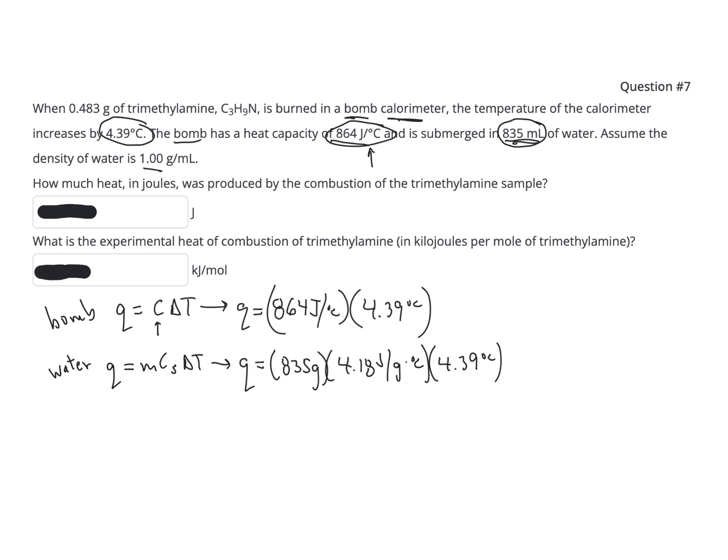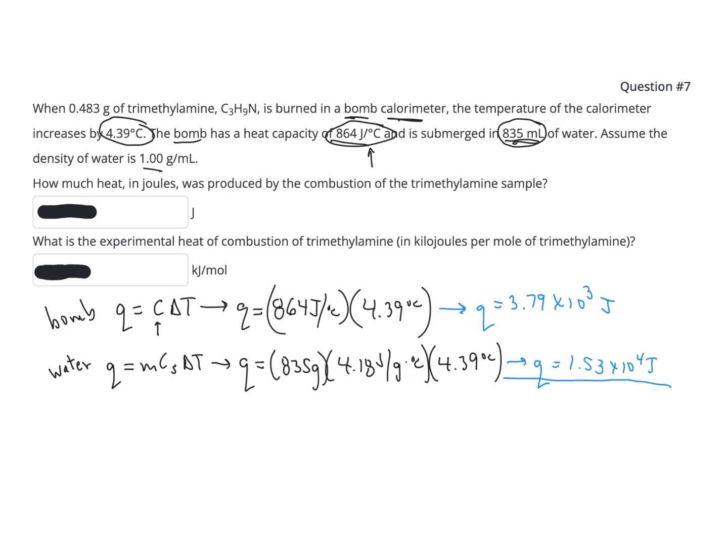If I multiply all of these together, for the bomb, we're going to see that it absorbs approximately 3.79 times 10 to the 3 joules. And the water is going to absorb about 1.53 times 10 to the 4 joules.